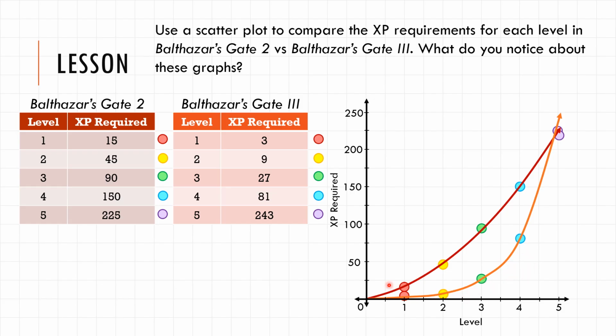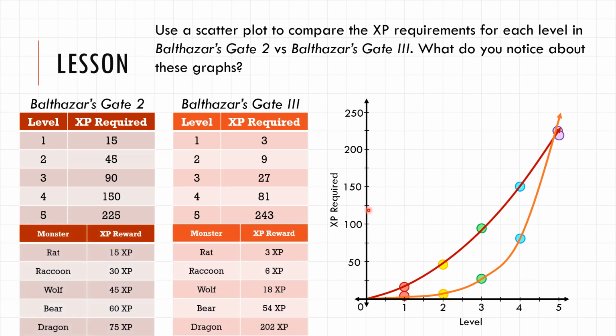Well, we can see here that as the levels are increasing, the amount of experience required is going up very slowly at first. And then at that bend, that's when it starts to increase very quickly. And the jump to get from level 4 to 5 is huge because that graph is curving or bending upwards very, very quickly.